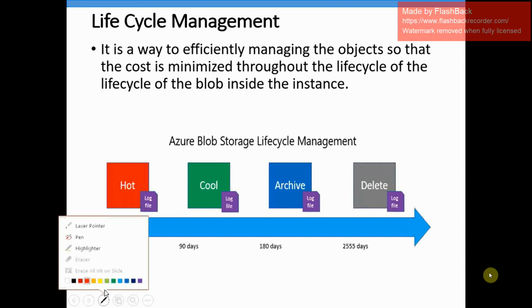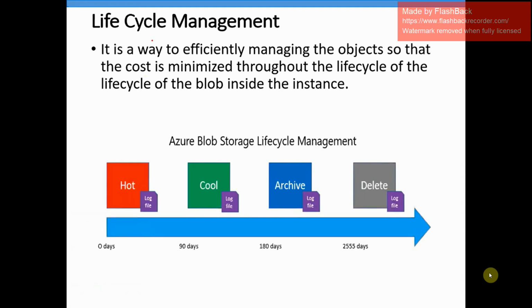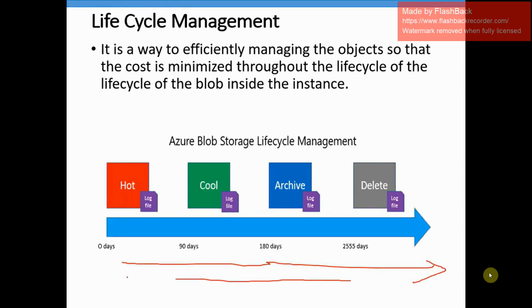Okay, based on storage, it will convert from hot to cool and cool to archive. It goes from left to right. It is not possible to go from right to left with the help of lifecycle management. Manually you can do anything.